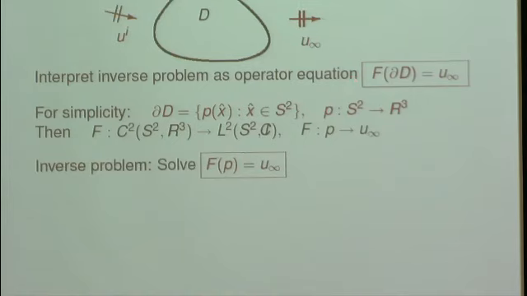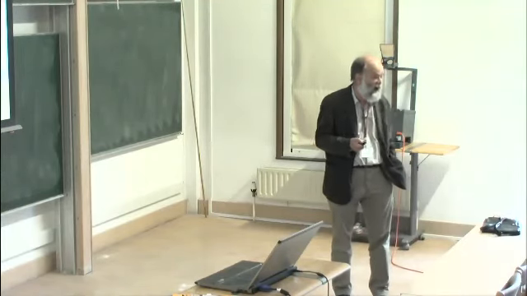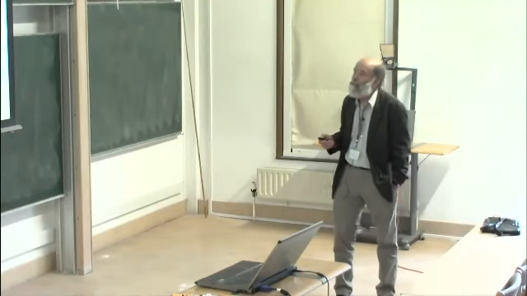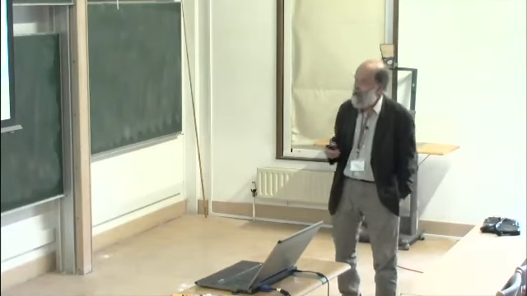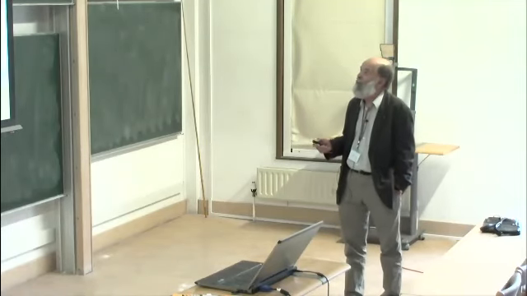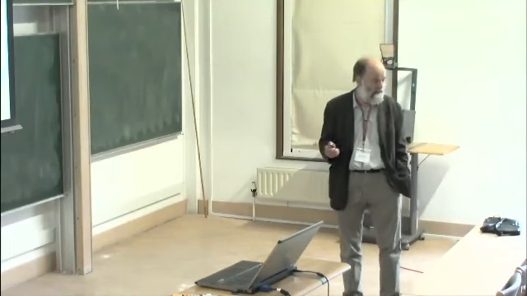And to do this, to make some analysis and eventually also to implement it, it is required to have some parameterization for the boundary. For simplicity, I should say the whole approach is not confined to this case only. I assume that the boundary can be parameterized as a mapping taking the unit sphere onto the surface.